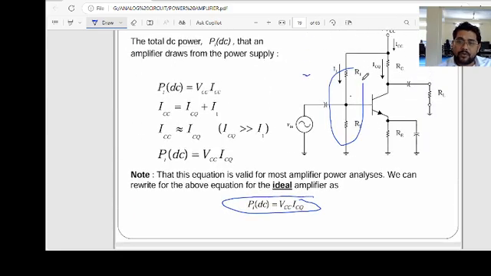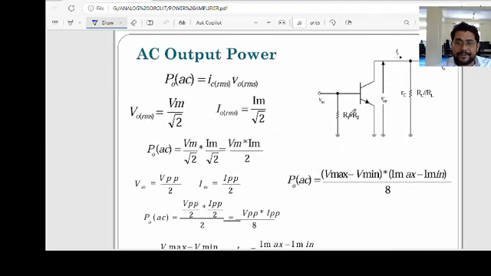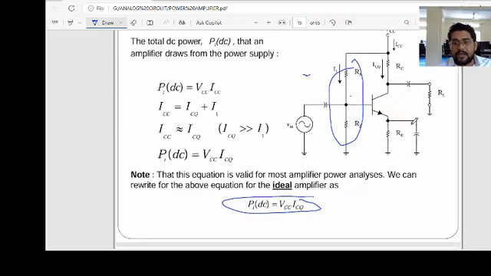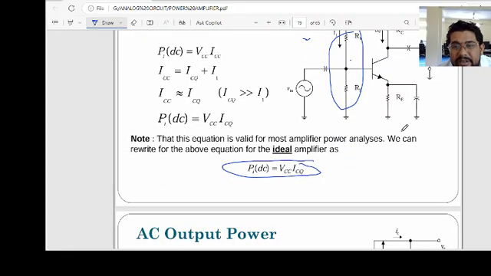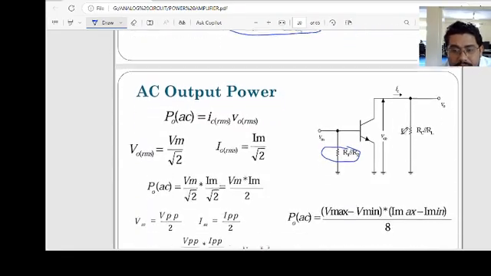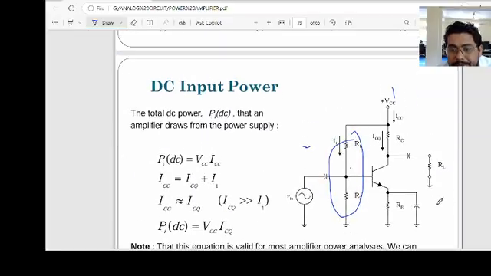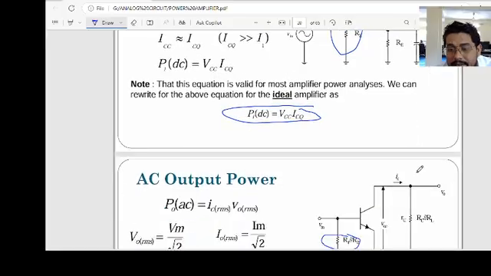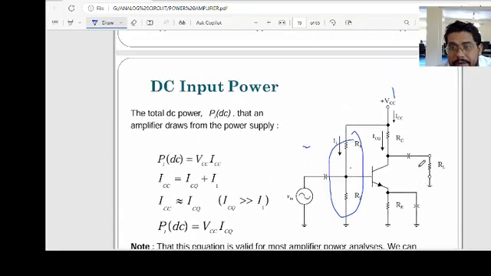R1 and R2 are parallel here, and this is the load. The load is also parallel here, because if we draw the circuit, RE and RL are parallel, RC and RL parallel.